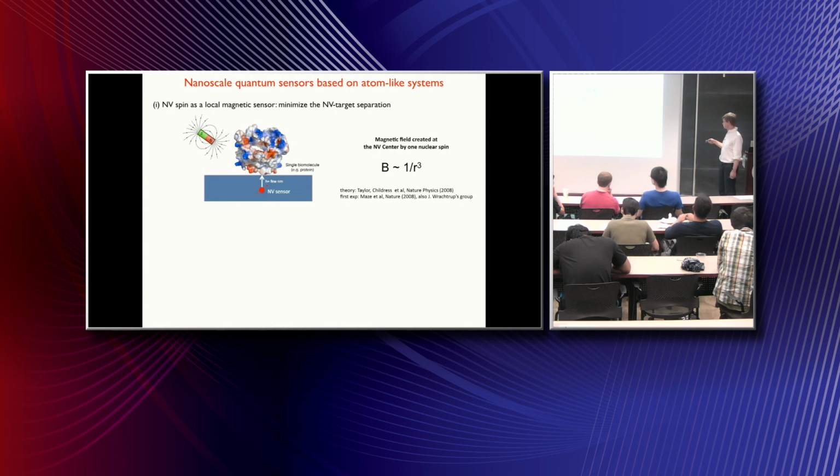If you take one of these NV centers and bring it close to one of those molecules, you can sense magnetic fields produced by these different nuclear spins. The reason is simply that the typical dipolar fields scale like 1/r³. So if you come close with your probe, you can measure fields from very small objects, like individual nuclei.